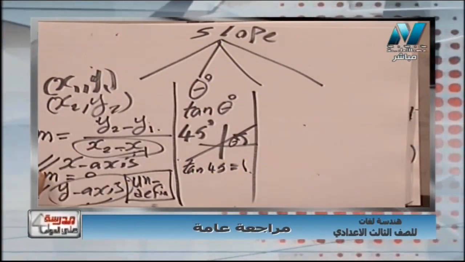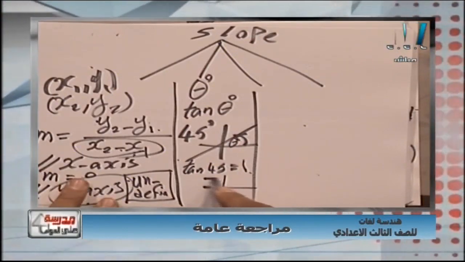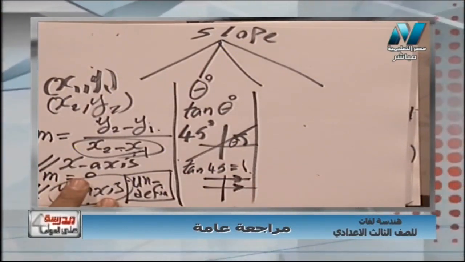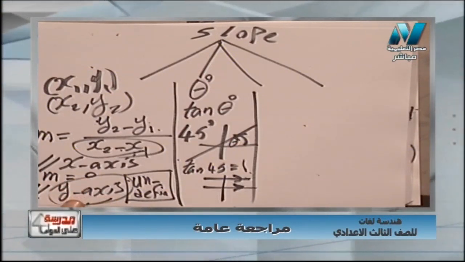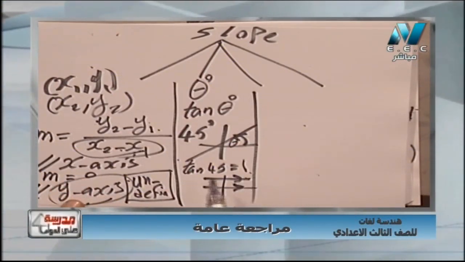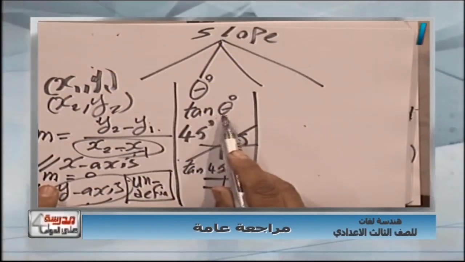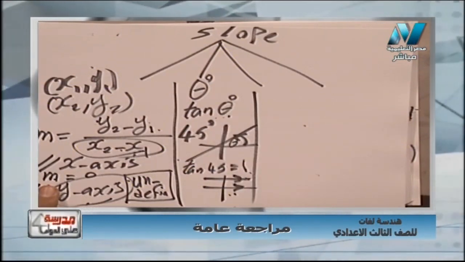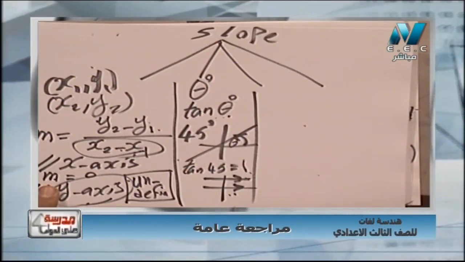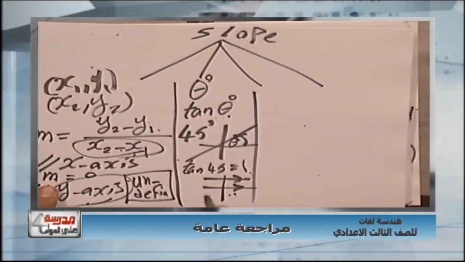And we can connect now when the line is parallel to the x-axis. The angle which this line makes with the x-axis is 0. Slope is 0, and tan 0 is also 0. Then tan theta equals 0, and the slope also equals 0.